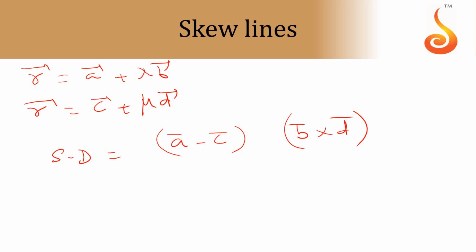So shortest distance is the distance which is perpendicular to both the lines. That's why I have created a vector along the shortest distance. Then if I join these 2 points and do the projection of the joined points, A bar minus C bar dot B cross D cap, modulus, because it should be positive, it is called shortest distance.